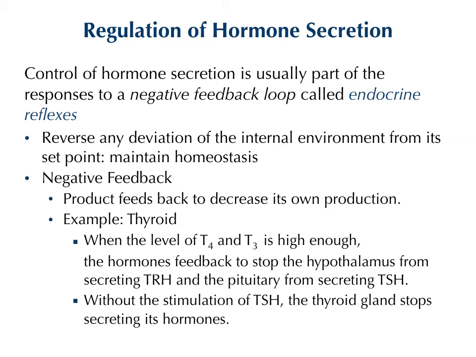These are the two hormones that will stimulate your thyroid to make more T3 and T4. But if you already have enough T3 and T4, the feedback will stop them from further stimulating the thyroid gland. Without stimulation of TSH, or thyroid stimulating hormone, the thyroid gland will stop secreting its hormones. A classic negative feedback loop.